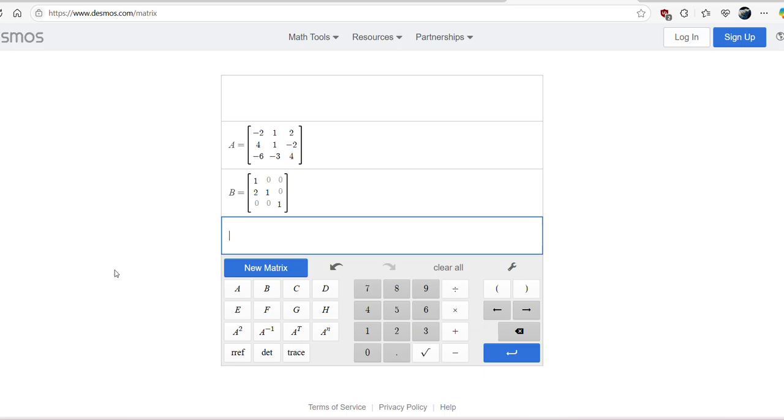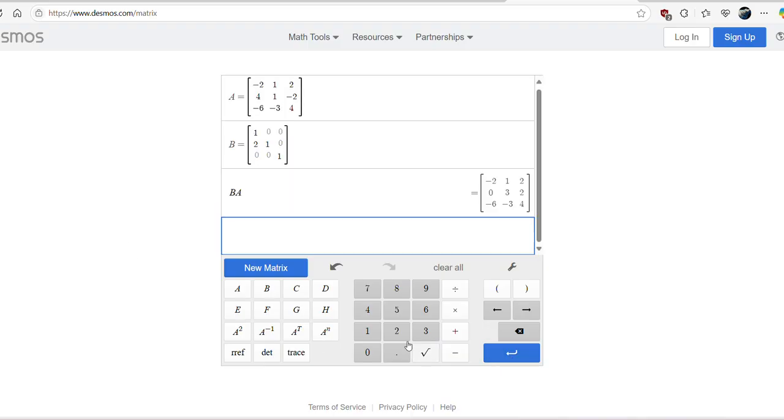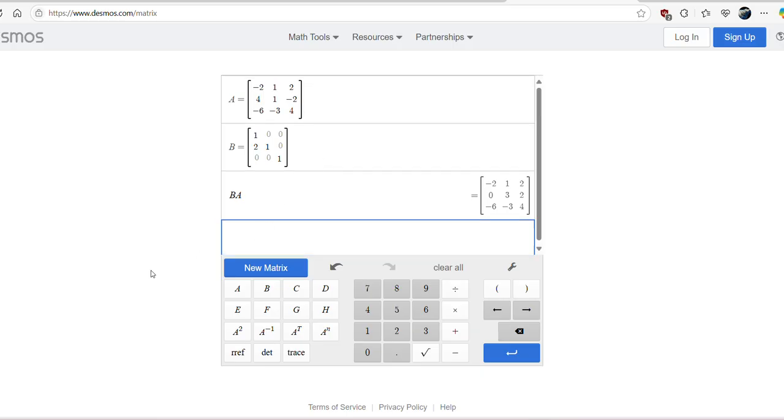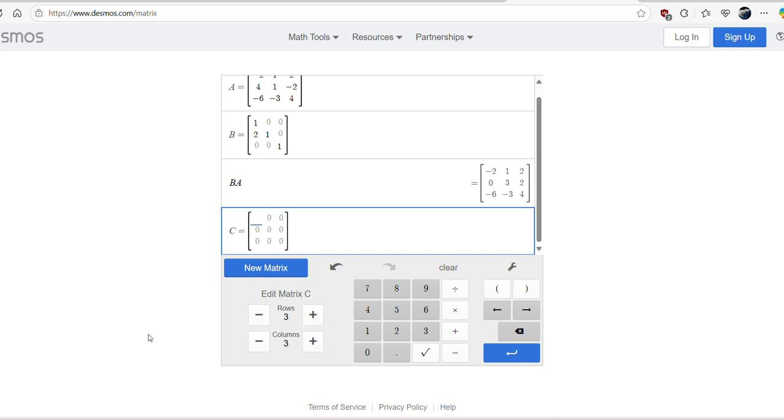The next step is, if we do capital B, capital A, we can see what the combination of our elementary equation times our original equation would look like. And so this is our next step. Now the next position we want to zero out is on the third row, because upper triangle, we don't mind about there not being ones on the diagonal.